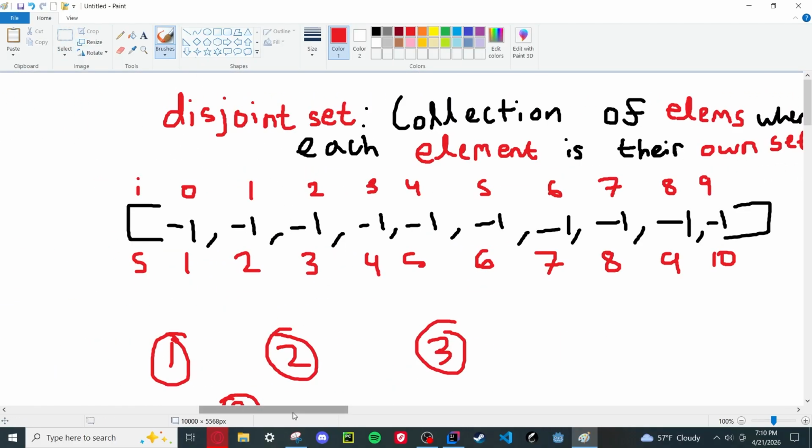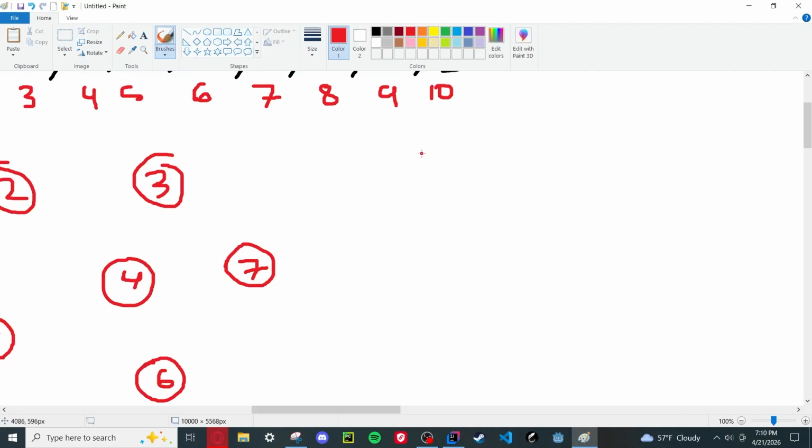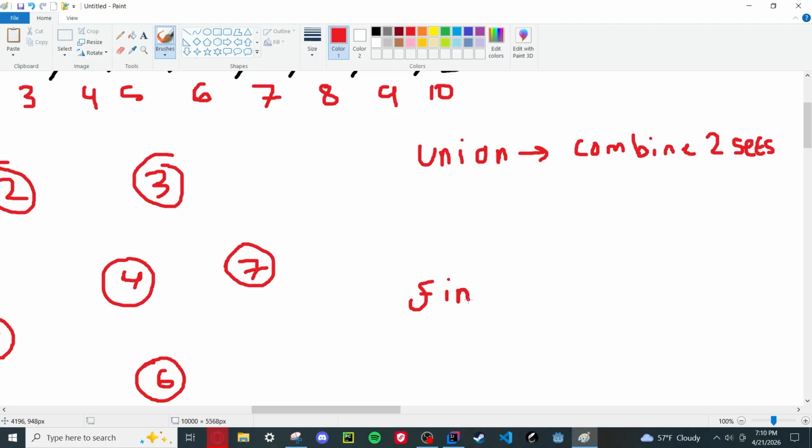Well, with disjoint sets, there's two things we can do. We have two operations. We have the union operation, which will kind of combine two sets. And then we have the find operation, which will find the root of a set.